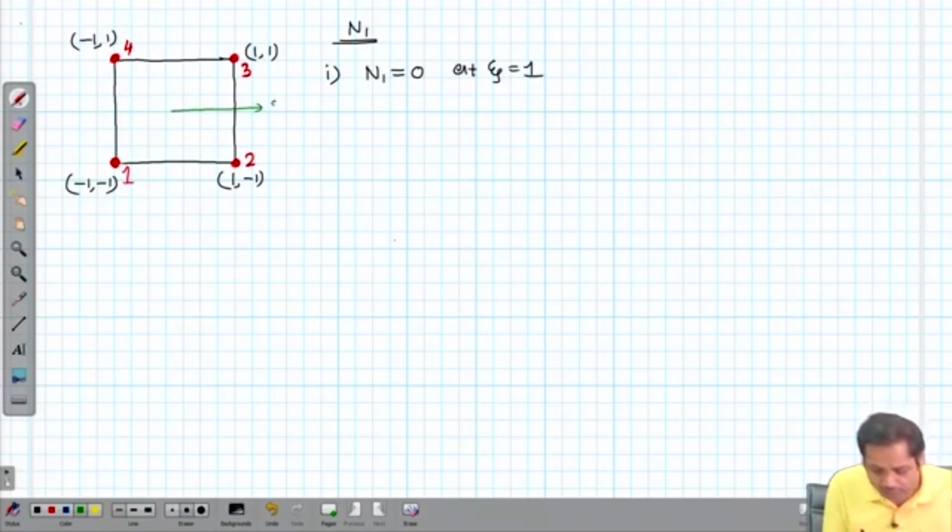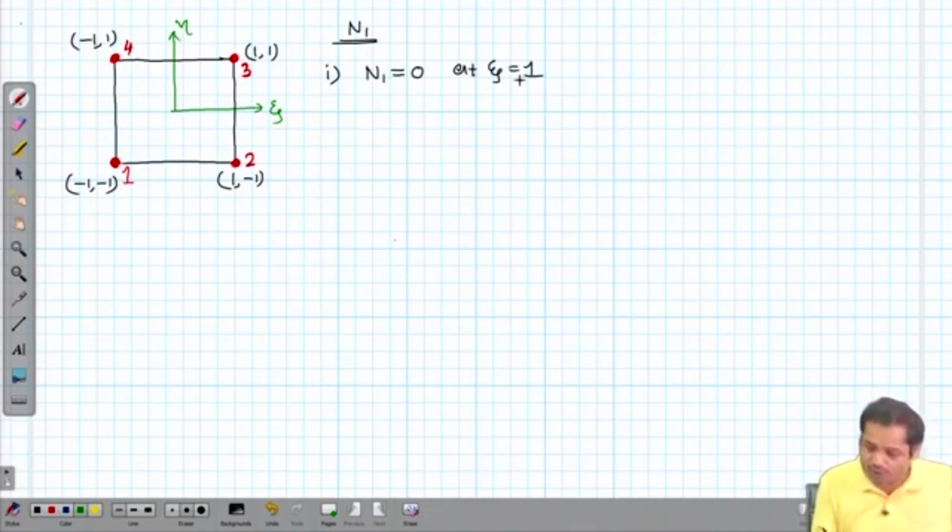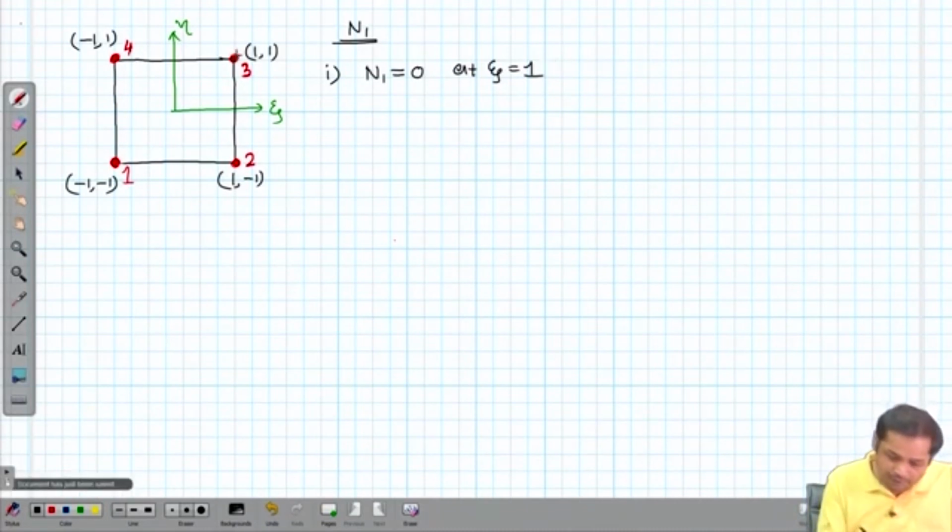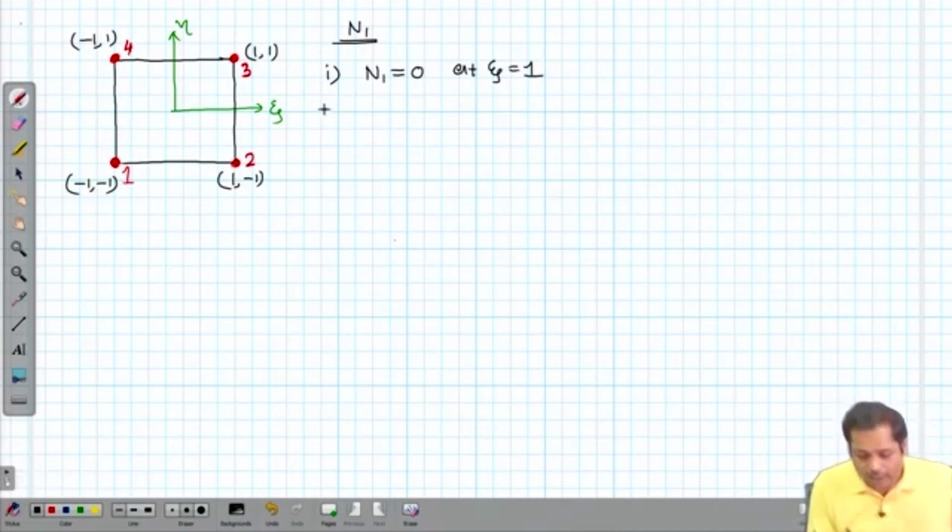This is the xi coordinate and this is our eta coordinate. Xi equal to 1 means on line 2, 3, and on line 2, 3 it should be equal to 0, because on line 2, 3 you have node number 2 and node number 3.